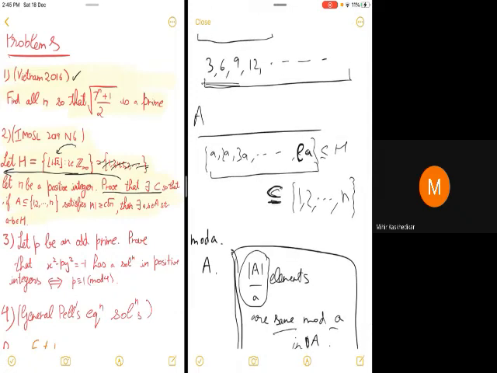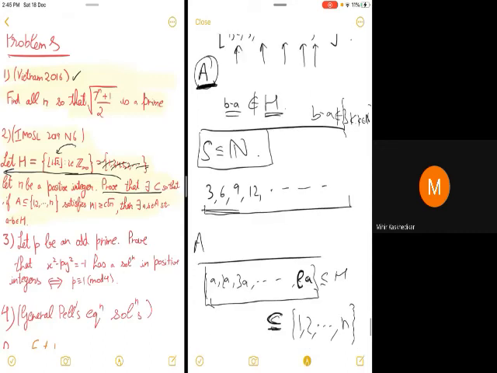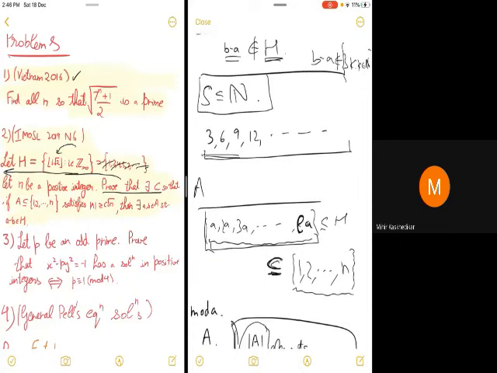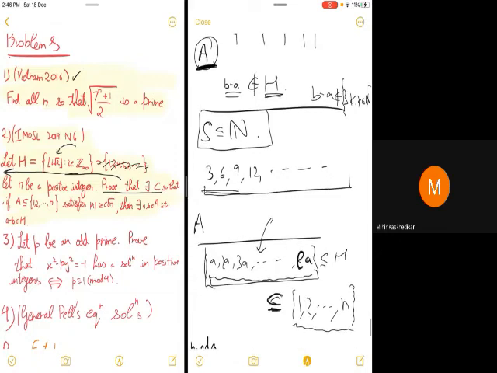We are just thinking of this: suppose we have some set of this type in H, which is also in this. It need not be the largest, because it need not be the case that the largest multiple of A in N is also in H. We are doing this because it is a huge motivation for what we can do.